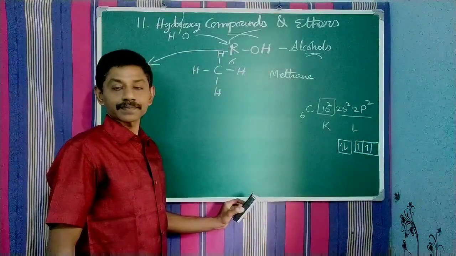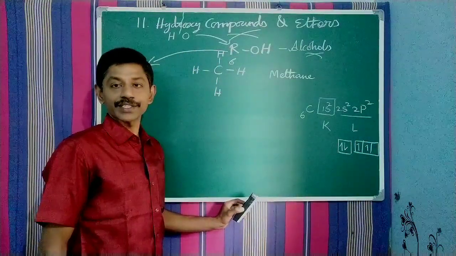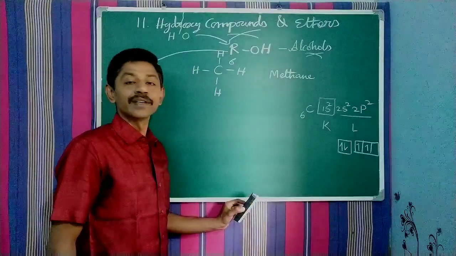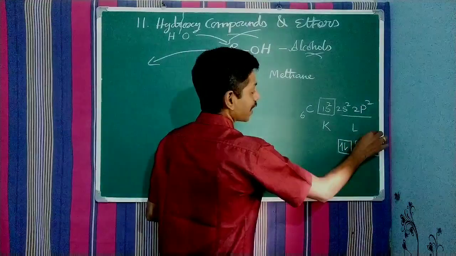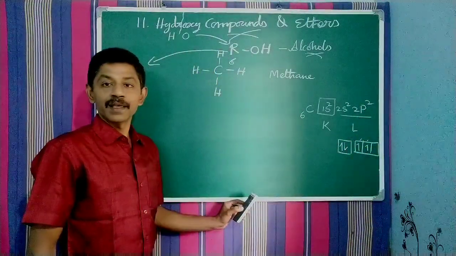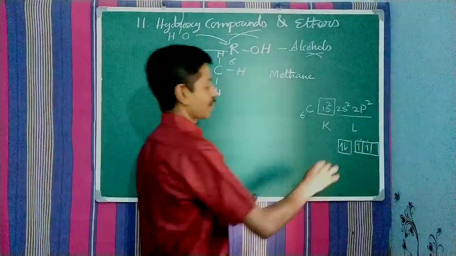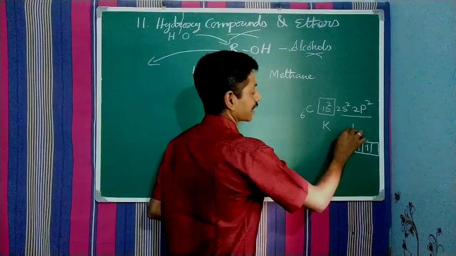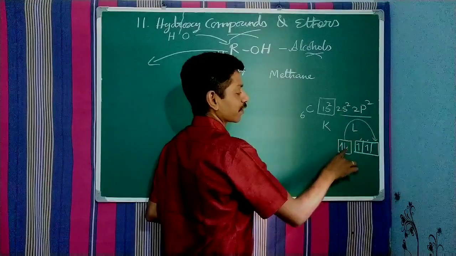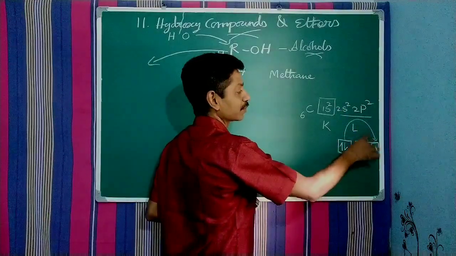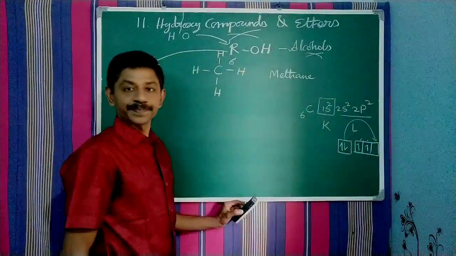available. Then you may be asking a question, how come the valency of carbon is 4? There are only 2 unpaired electrons available. Most often carbon goes for excitation or promotion. So from the 2s orbital, one of the electrons will jump to the 2p orbital.